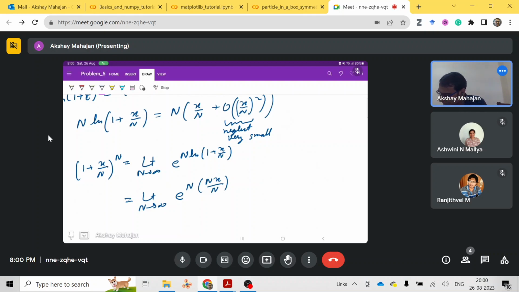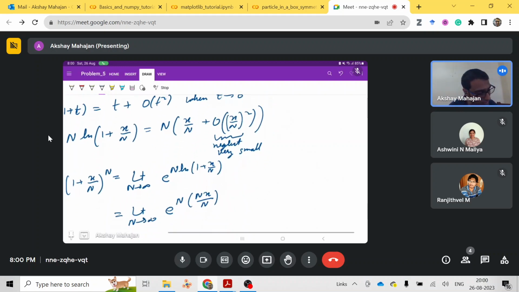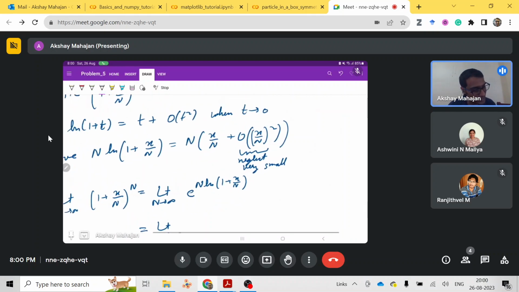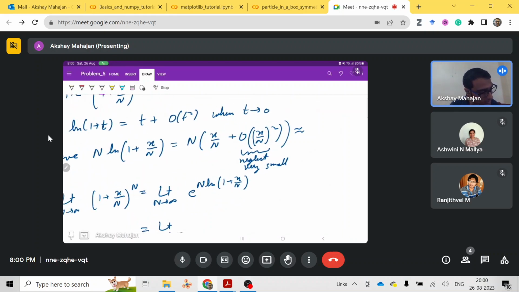Let me just check. Yeah, I was getting confused, sorry. So we have written this n ln of this; if you make this x by n and neglect these terms, n will get cancelled. So it will be approximately x times some order of these values, which we will ignore.